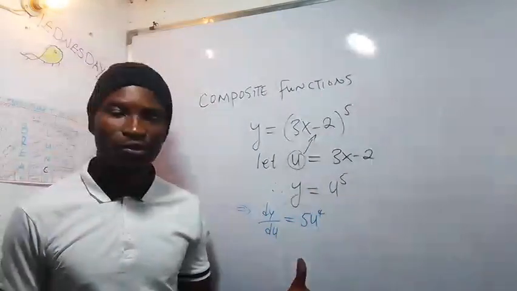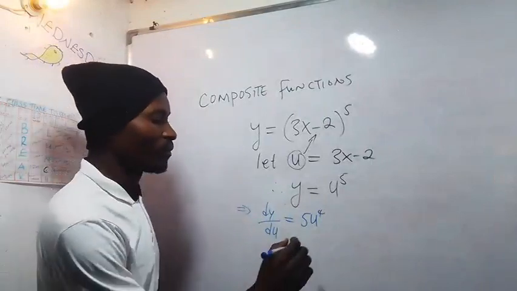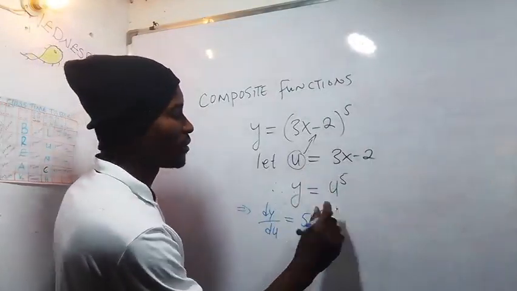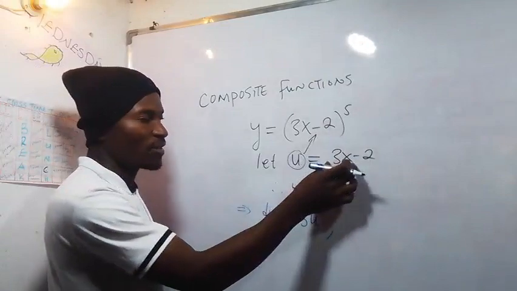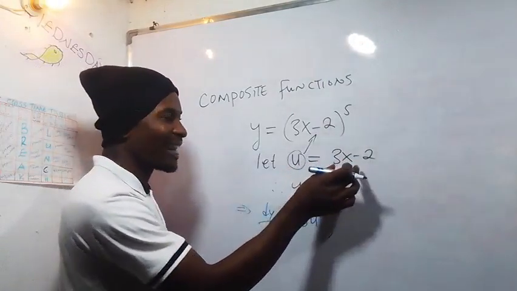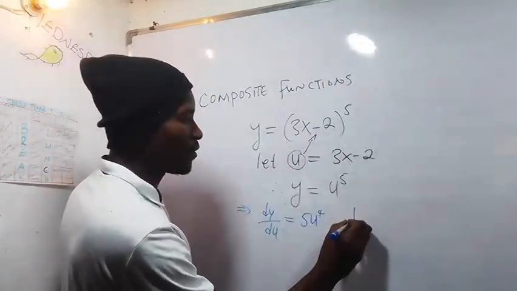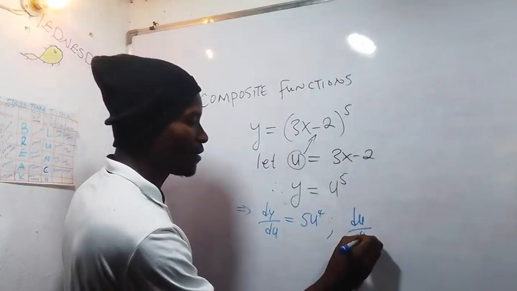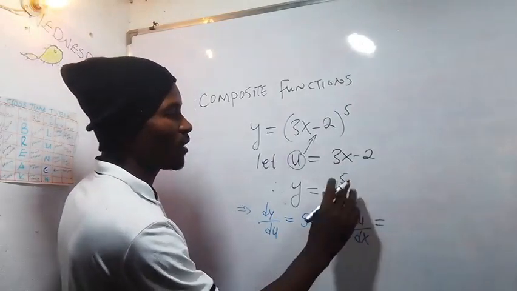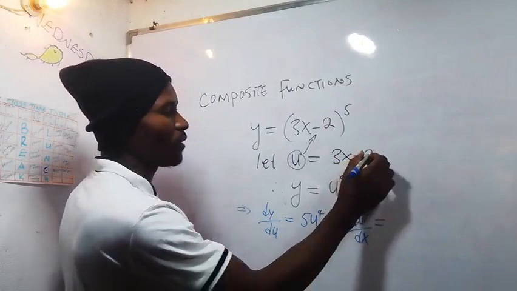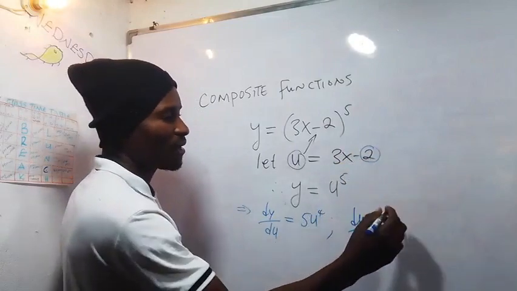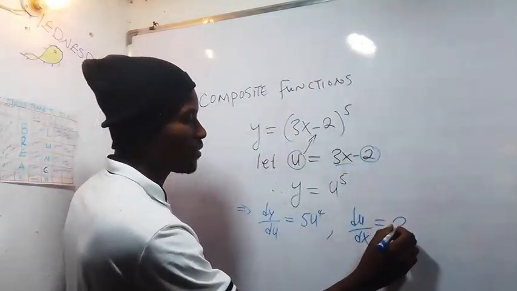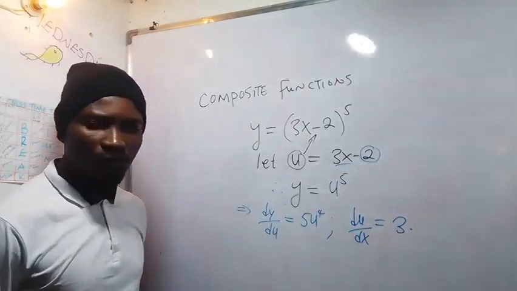Then u is a function of x, so we differentiate it with respect to x. So du over dx: the constant is 0, and the 3x gives 3, so du over dx is 3.